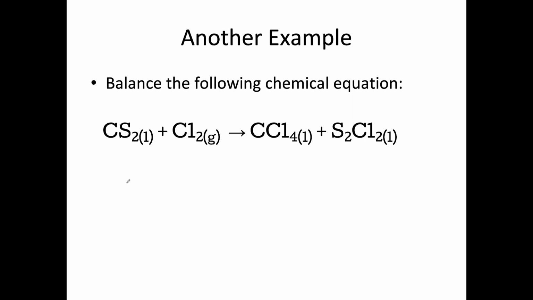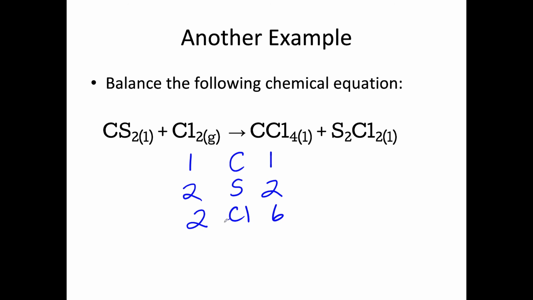And that's a mouthful. 1 carbon on the left, 2 sulfurs, 2 chlorines. And on the right, we got 1 carbon. We have 2 sulfurs and 4, 5, we got 6 chlorines.